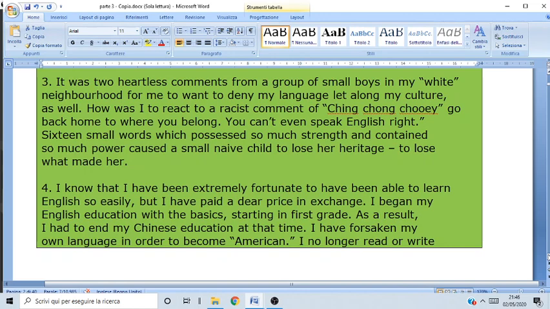You can't even speak English right." 16 small words which possessed so much strength and contained so much power caused a small naive child to lose her heritage, to lose what made her.